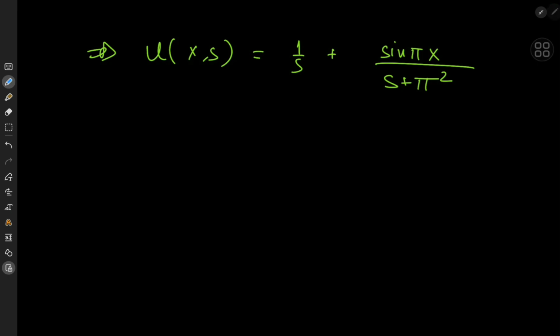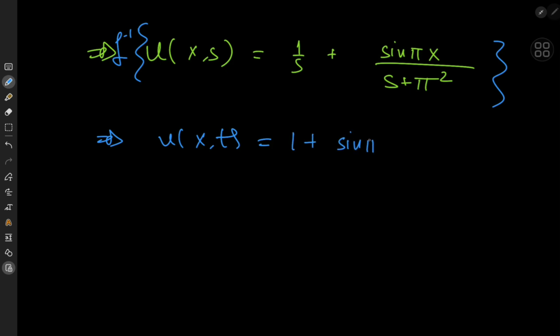The only thing left to do is revert back to our x and t world by using the inverse Laplace transform. So now we inverse Laplace everything. And that gives me u of x and t, the temperature function, equal to inverse Laplace of 1 by s, which is just 1.